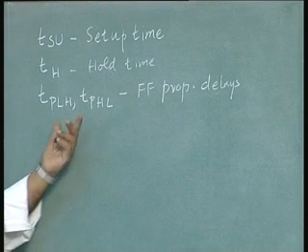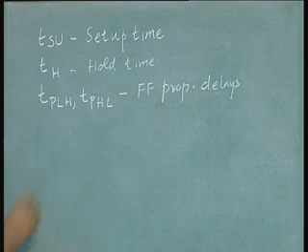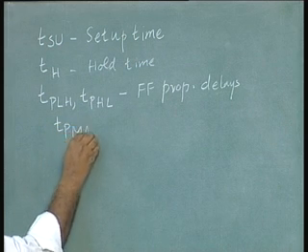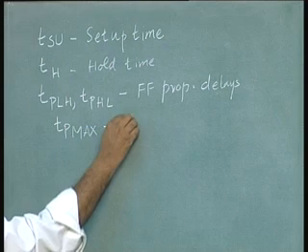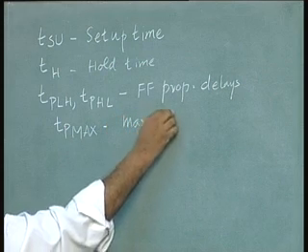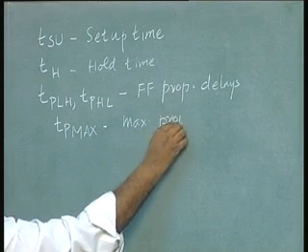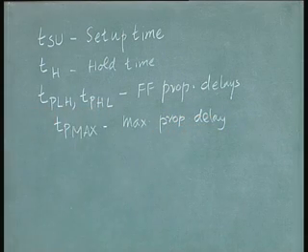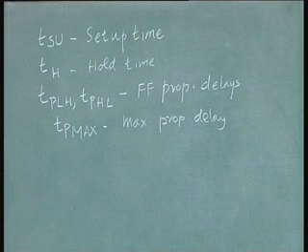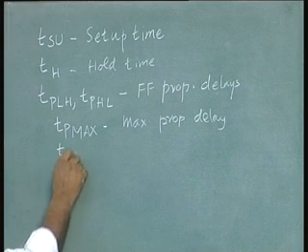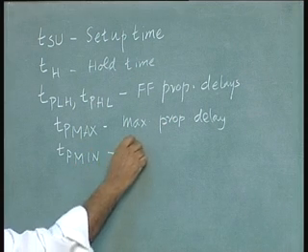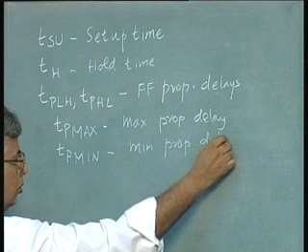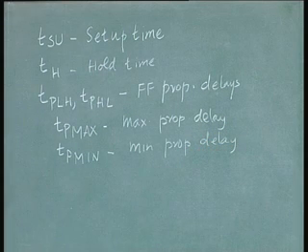Usually we take the average of these two as typical value, but I am going to define TP max as the maximum propagation delay, which is the larger of these two numbers, and TP min as the minimum propagation delay, which is the smaller of these two numbers.